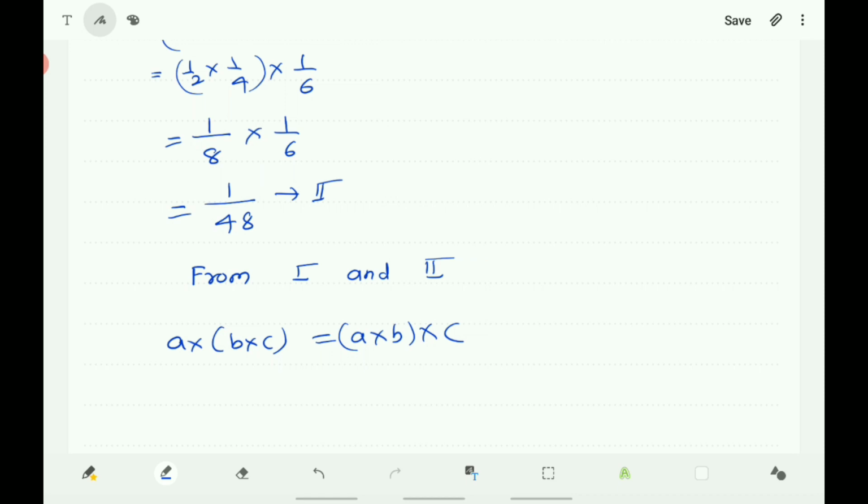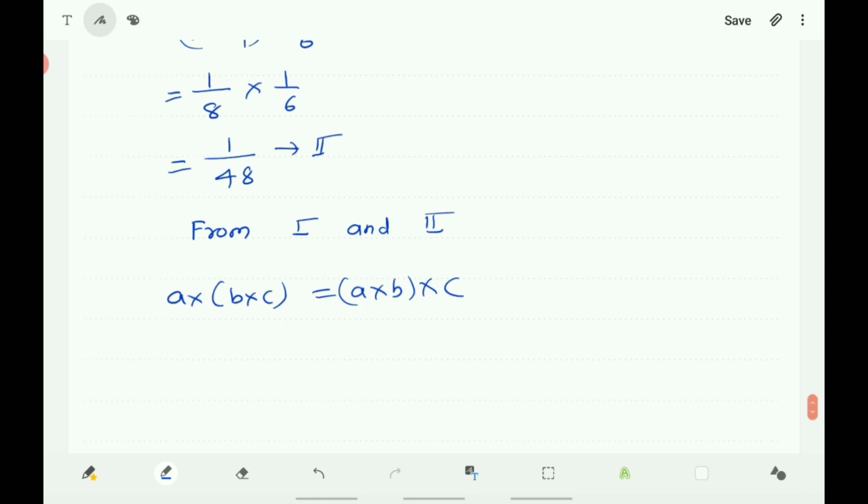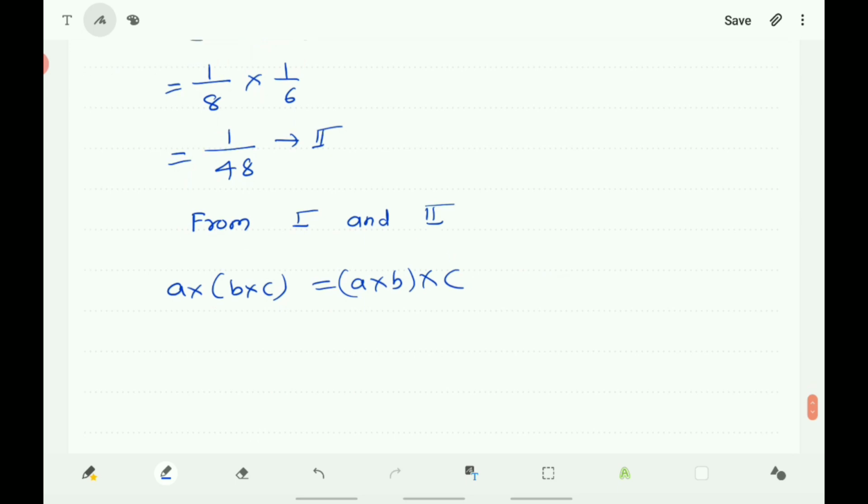As multiplication is associative for rational numbers, it is also associative for whole numbers, integers also. Therefore, multiplication is associative for all whole numbers, all integers and all rational numbers.